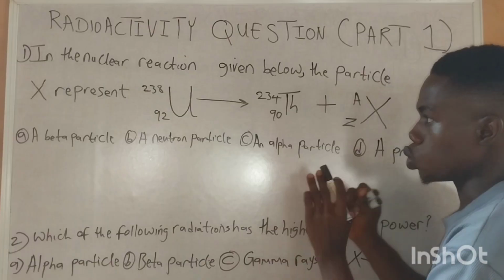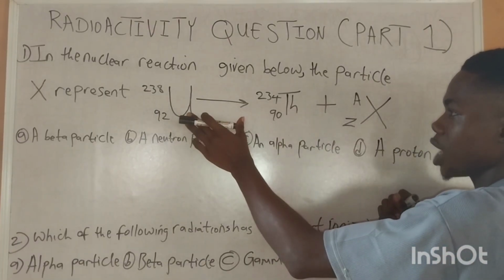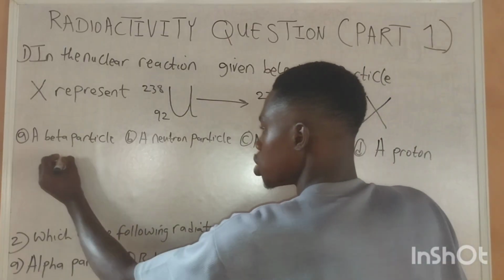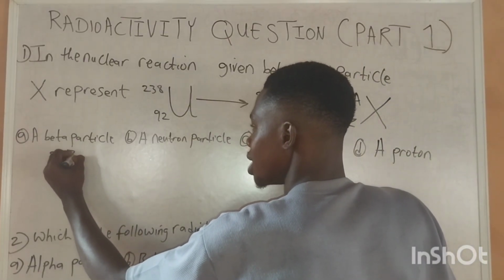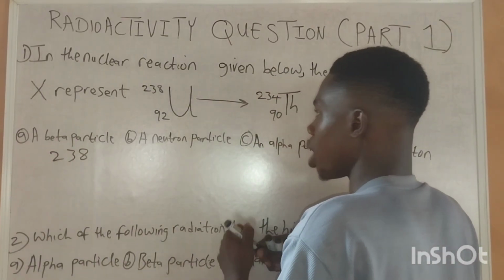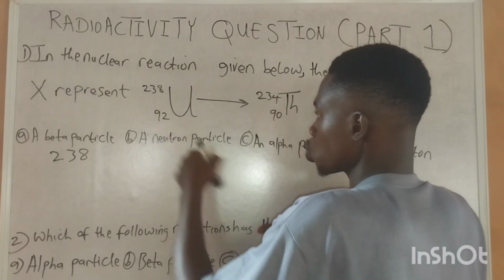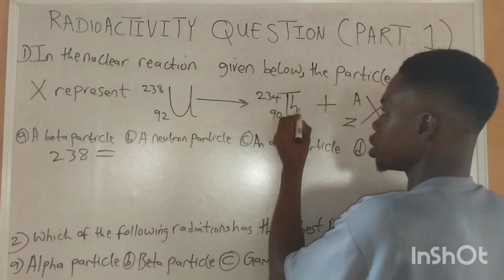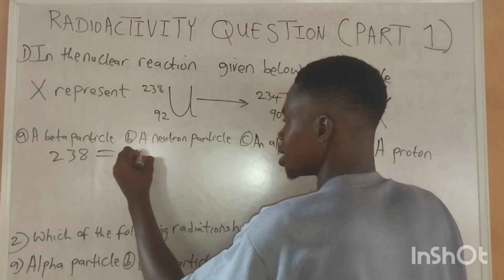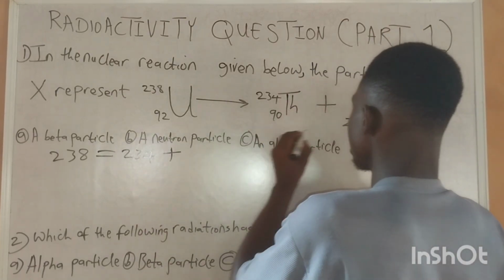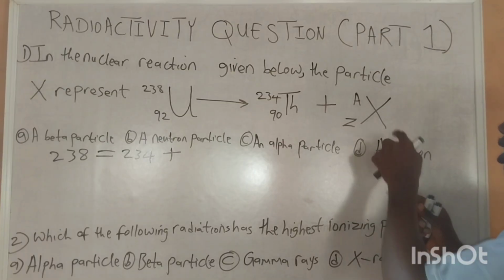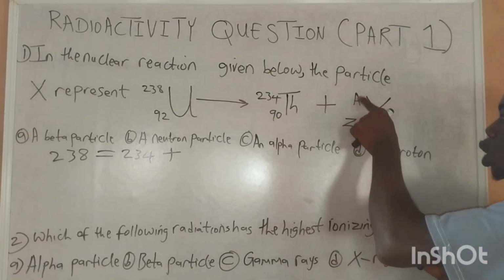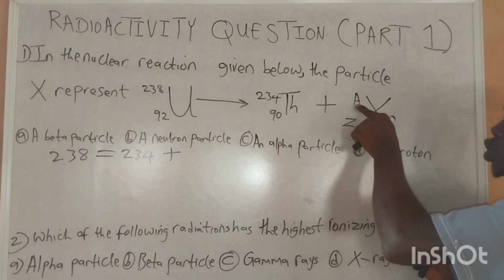This is how to solve nuclear equations like this. We say 238, which is the mass number of the parent nucleus, equals the mass number of thorium, 234, plus the mass number of the particle.